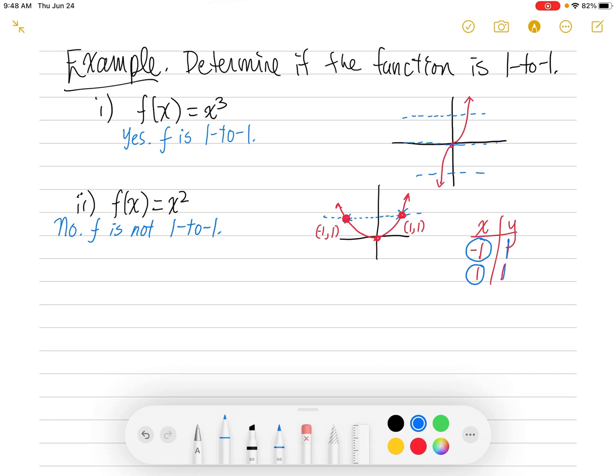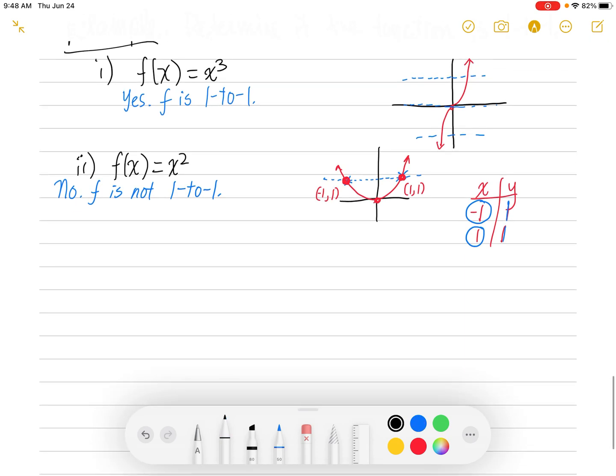So we have two different x values, negative 1 and positive 1, both going to the same exact y value. And remember, with a one-to-one function, every y value is only allowed to have one x value. So here we have a y value that has multiple x values, so this would not be one-to-one. So the quick way is just to use the horizontal line test, but that's the reasoning behind it.